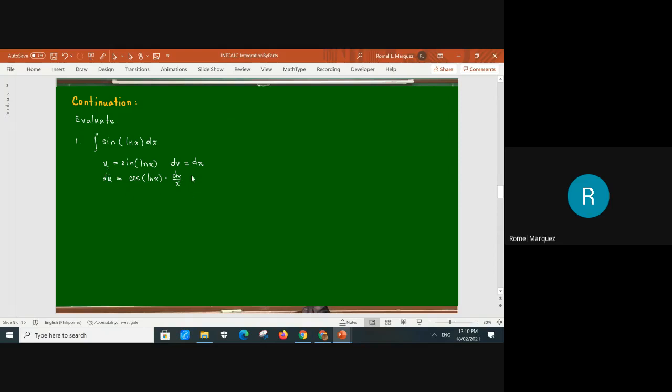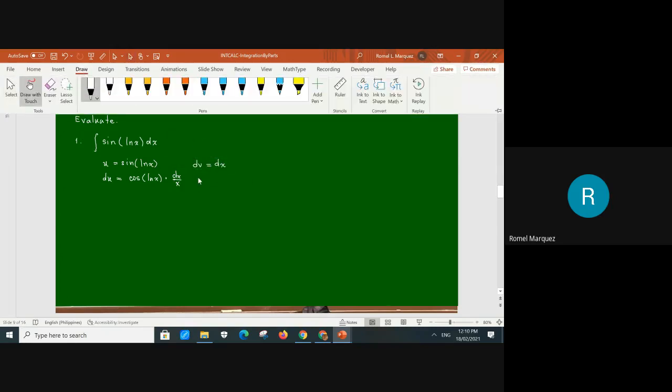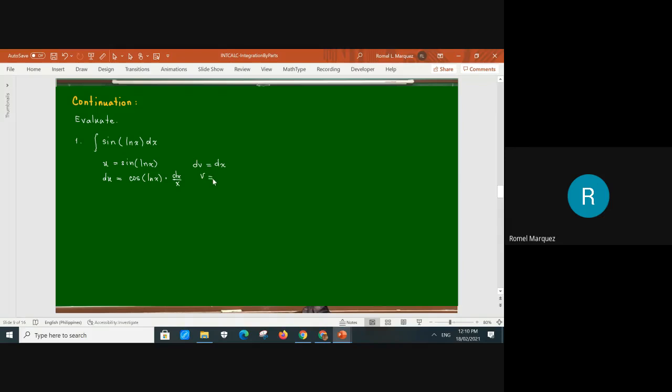Now, what about dv equals dx? If you have dv equals dx, what is v? So it means v is equal to x, no? But we're not going to write that constant anymore because that constant will be absorbed later in the constant that we're going to introduce in our final answer.